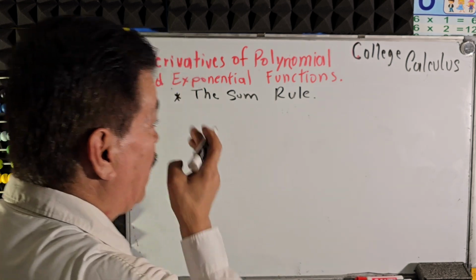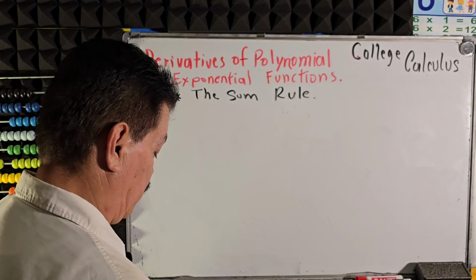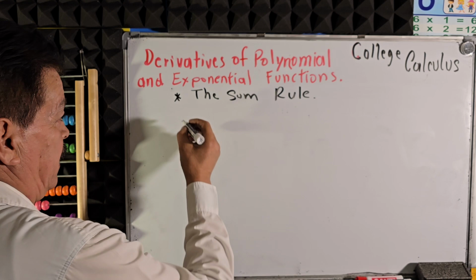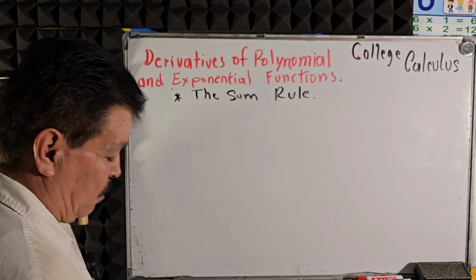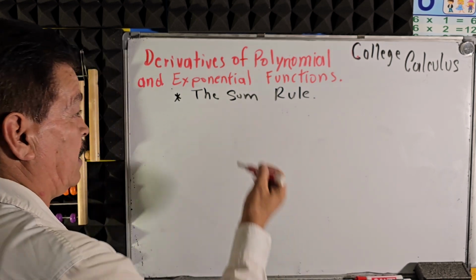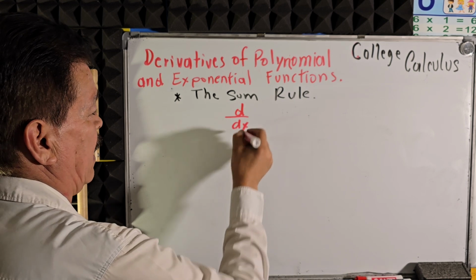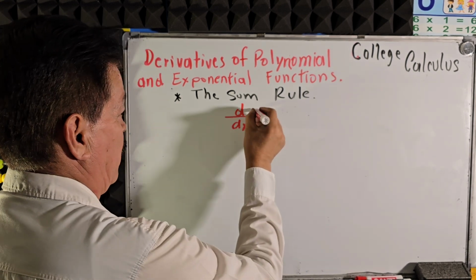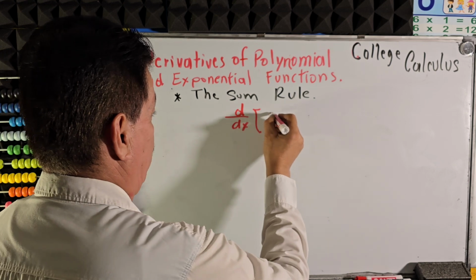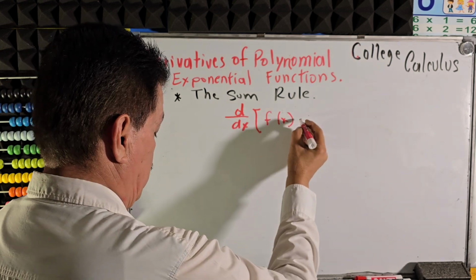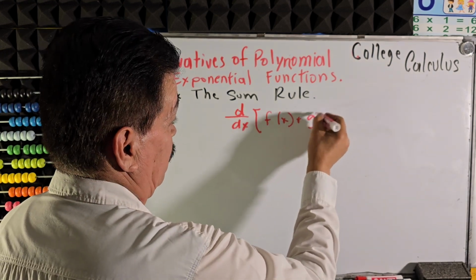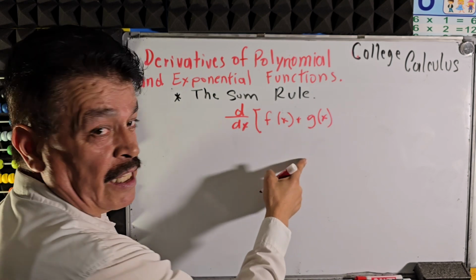So we have the addition rule and the difference rule. Here you write a question like this. This is very simple. d divided by dx of f of x plus g of x. It's a sum, it's addition.